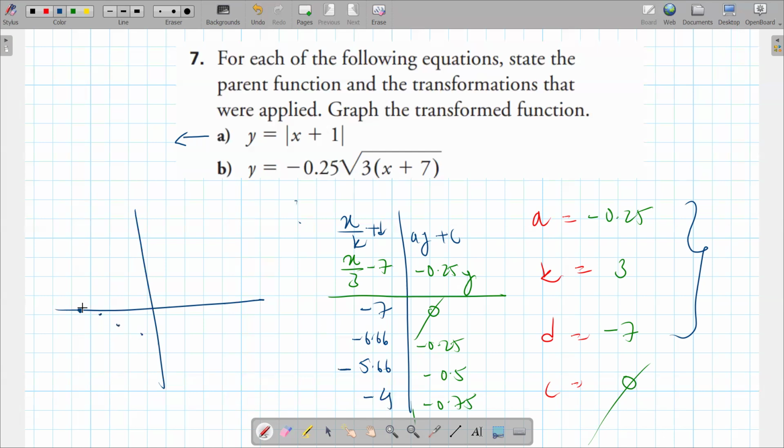So it looks something like this. Is it difficult? No. All you need for transformations is this. If you have this, there's no question that they can give you that you won't be able to solve.